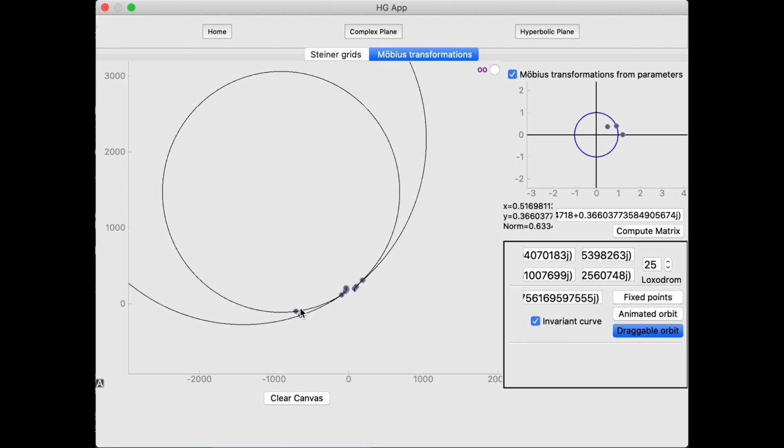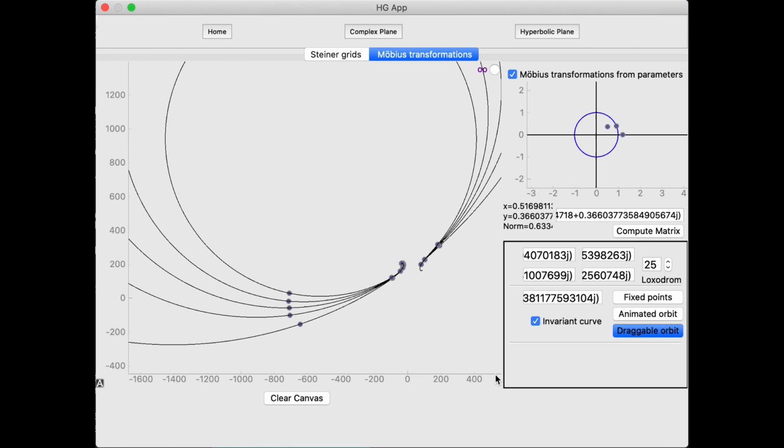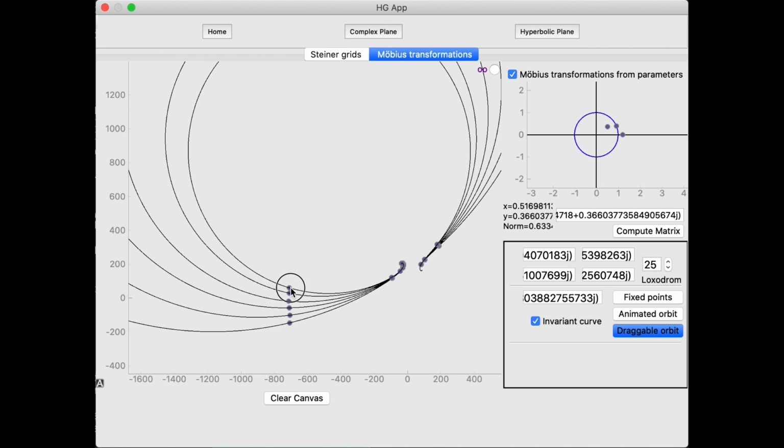Let me start drawing a curve and then move this point around a little bit. I move it very close, and then this one very close, and so on.